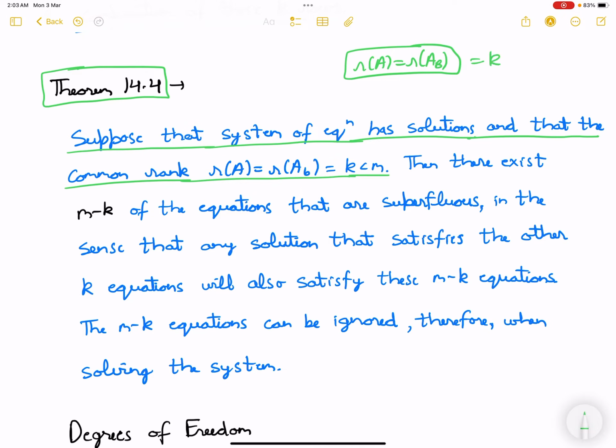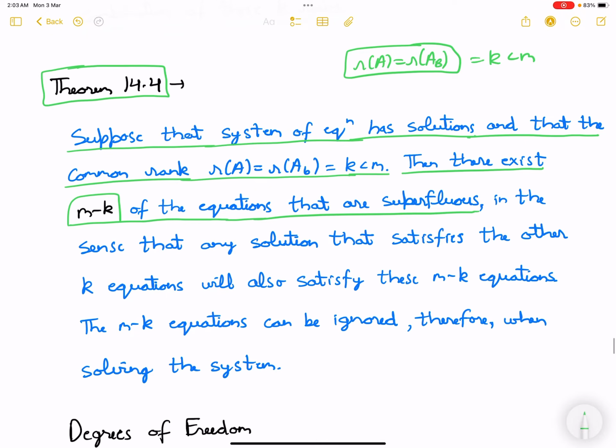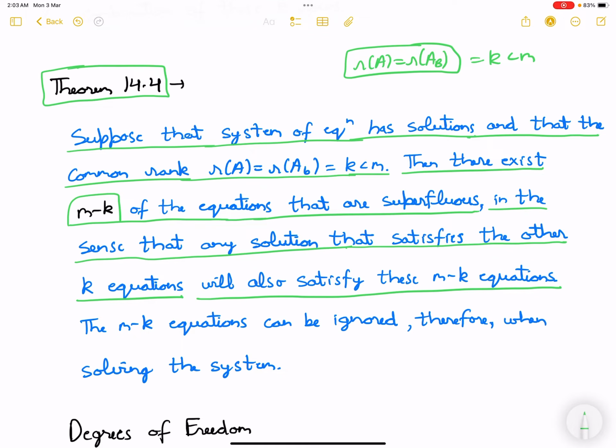So we have already discussed this is less than m. Then there exists m minus k of the equations that are superfluous. हमने डिस्कस करा रिमेनिंग सुपरफ्लुअस हो गई, in the sense that any solution that satisfies the other k equations will also satisfy these m minus k equations.